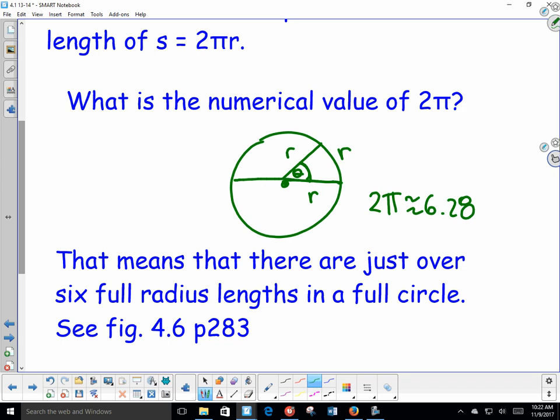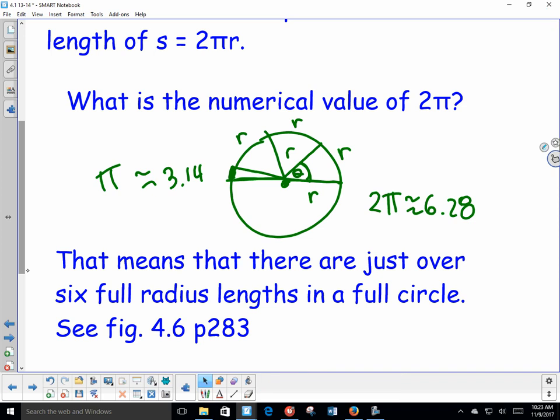To get halfway around the circle would be pi radians. Here's an R, here's an R, here's an R, and then there's a little bit extra. So it's 3 complete radiuses and a little bit extra. All the way around would be like 3.14 of those radius lengths, which is pi.